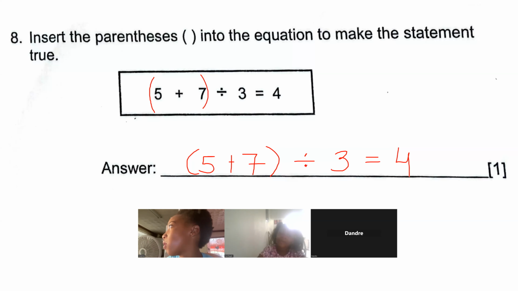Excuse me, Mr. Petit, I'm finished. All right, great. So again, we put the parentheses between the 5 and the 7, and we divide by 3 to get 4.